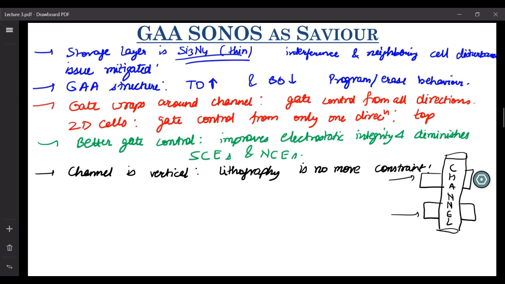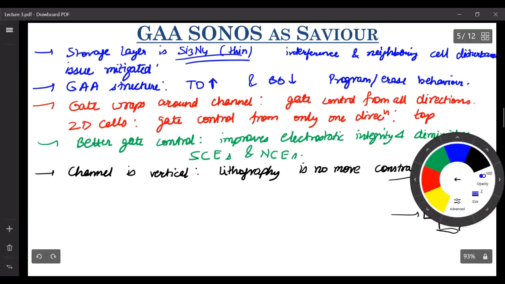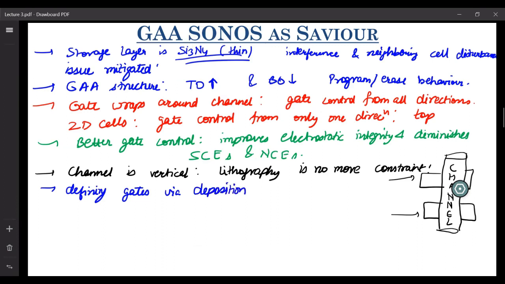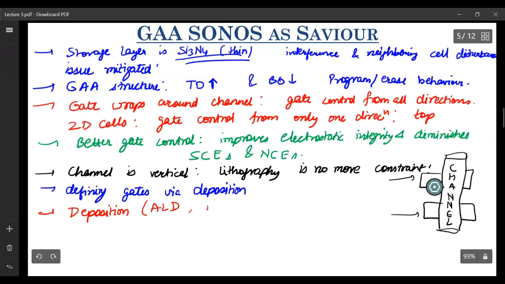Gates, or I would say the word lines, whatever you call it. Here these gates are not defined by lithography, but by what is called deposition, right? So you are vertically depositing these gates, defining your gates via deposition. If you remember from the course on device fabrication, with the advanced tools that you have for deposition like atomic layer deposition, you can get angstrom level control.